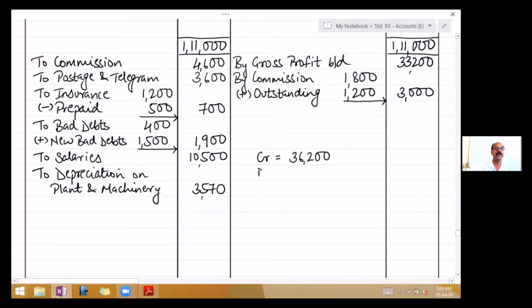The debit side total: 4,600 plus 3,600 plus 700 plus 1,900 plus 10,500 plus 3,570. That comes to 24,870. Deduct.